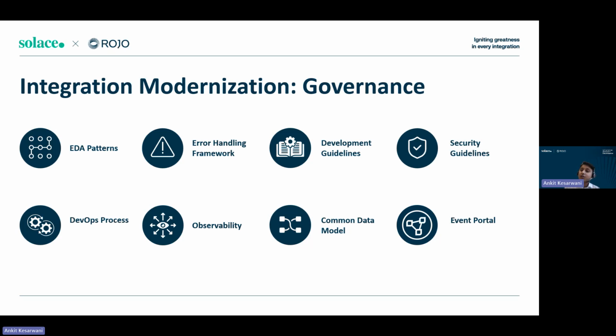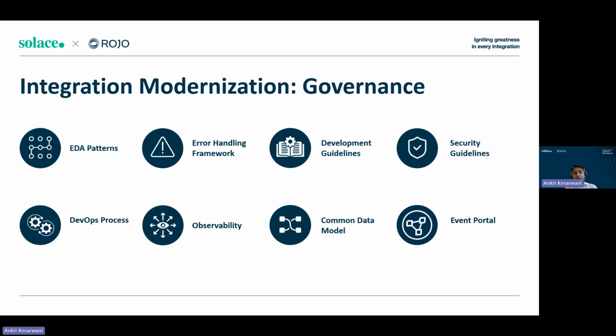Then when we think of event-driven architecture, it's important that we set the right strategy for tracing, because with decoupling, we are decoupling the integrations, but it's important that we have visibility over the events when they start from the publisher, how consumers are consuming them, and the life cycle of it. The other aspect is the common data model.